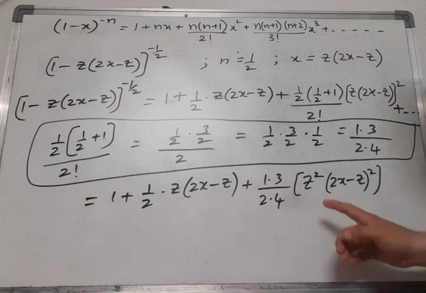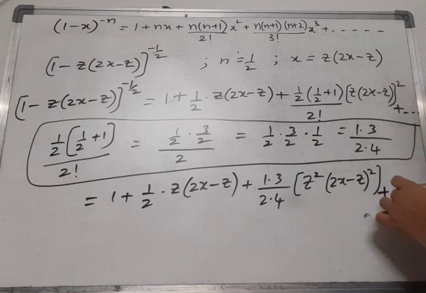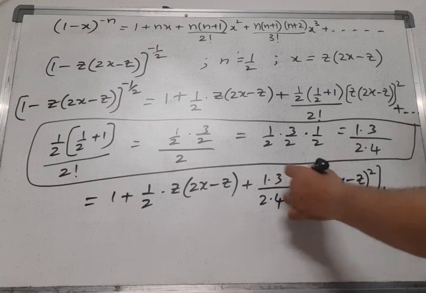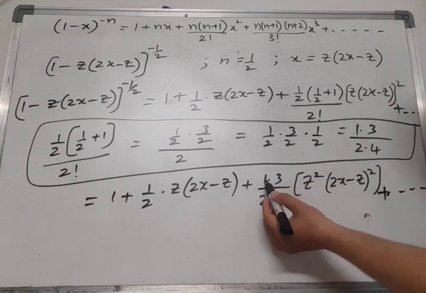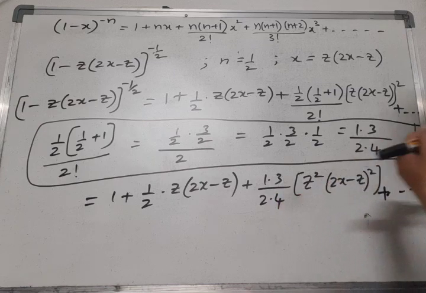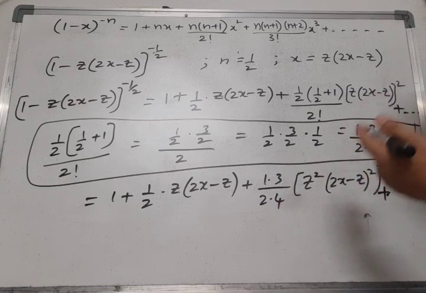Okay, now I want to write the nth term for this one. What will be the nth term for this one? The nth term, it is going like odd numbers, right? 1 into 3 into 5, it goes on with odd terms.